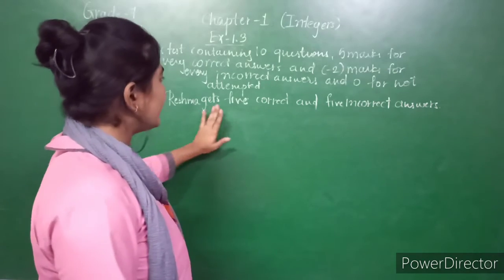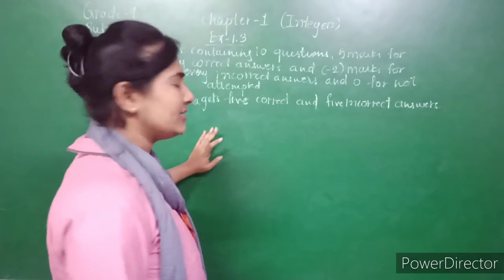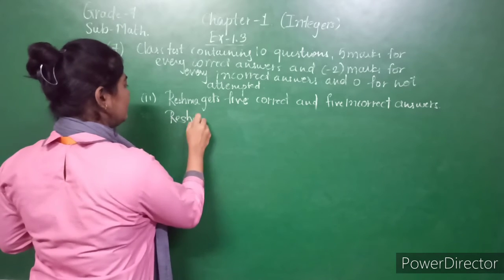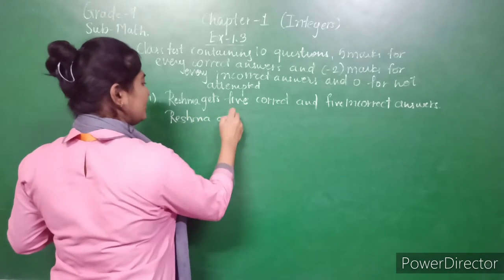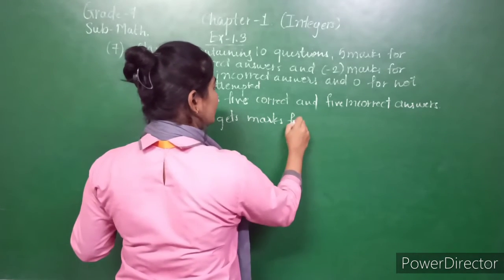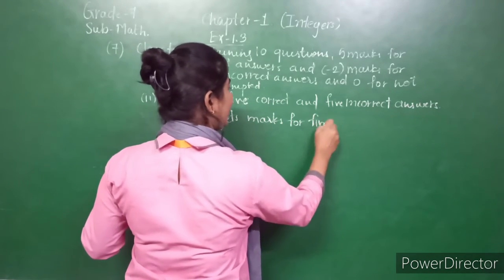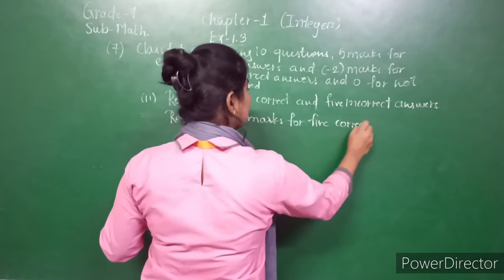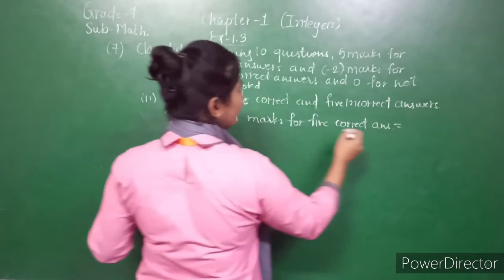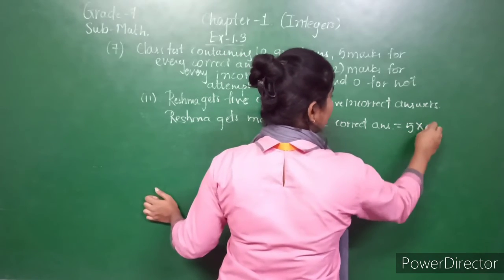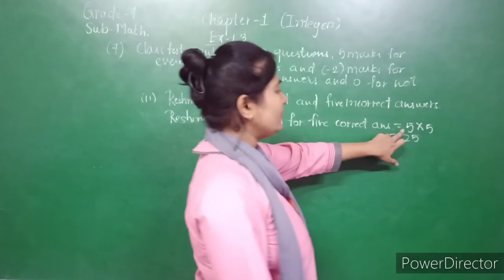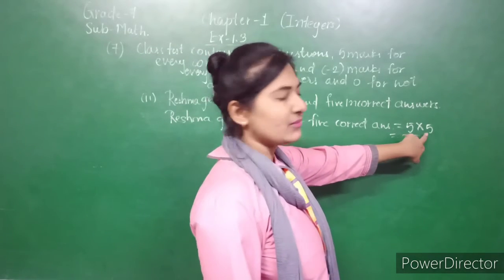Now next, Reshma gets 5 correct and 5 incorrect answers. So here we have to write Reshma gets marks for 5 correct answers. So it is 5 into 5. So it is 25. Because 5 correct answers and 5 marks for each.